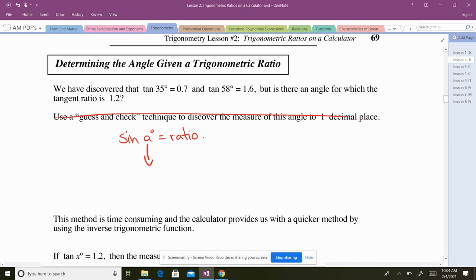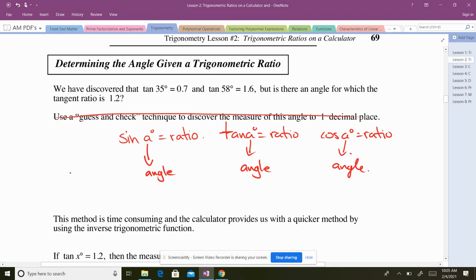So if I wrote tan of A is equal to some ratio or cosine of A, and they should have degree symbols, is equal to some ratio, this A, whatever's in with the trig function, represents the angle. So if you look at the triangle A, we're talking about angle A. It always is with the trig function.